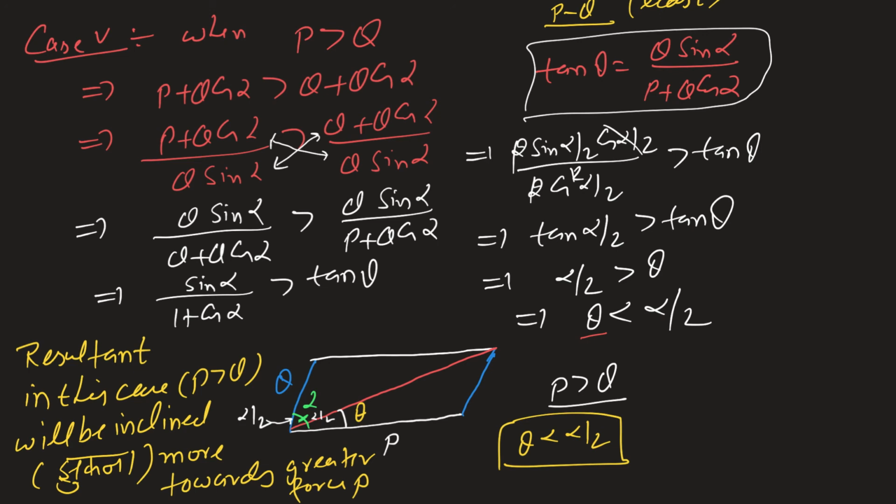Those were the 5 cases, and those 5 cases were exclusive and exhaustive, covering every possible scenario of two forces acting at a point. I hope you will be able to understand this idea and thoroughly go through this, and in the later lectures I will be taking problems based upon this article.